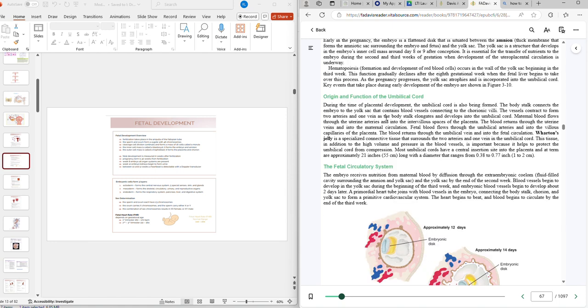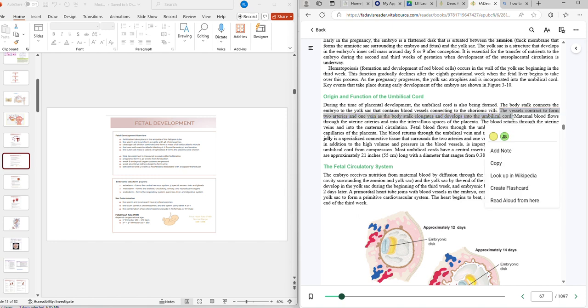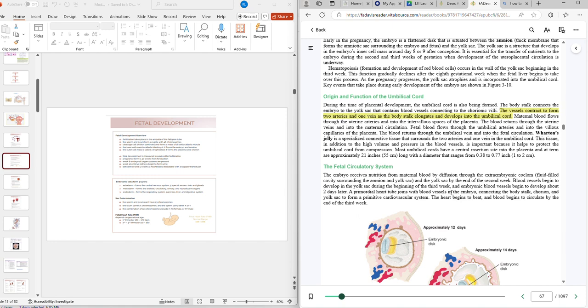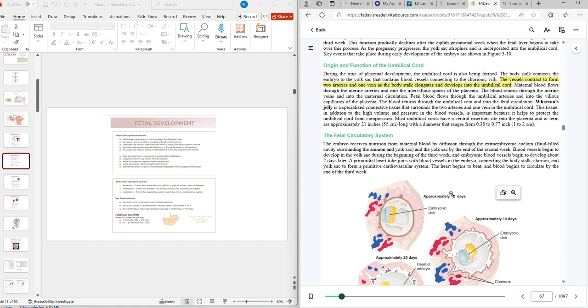The origin and function of the umbilical cord. So, another wink and lollipop is that the vessels contract to form 2 arteries and 1 vein in the umbilical cord. And the thing about fetuses is their blood is the opposite of ours as adults, or as live, not in the womb humans.